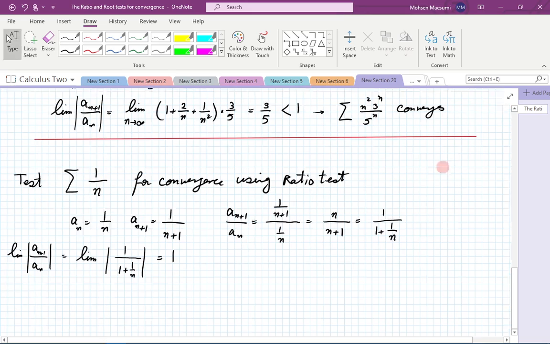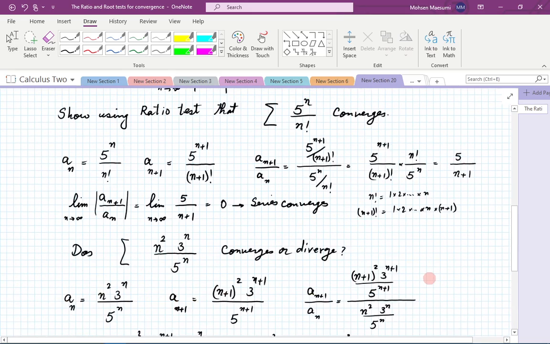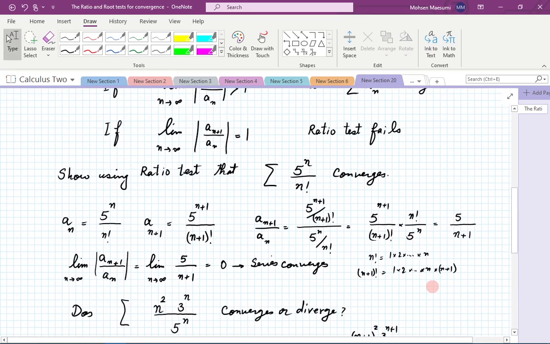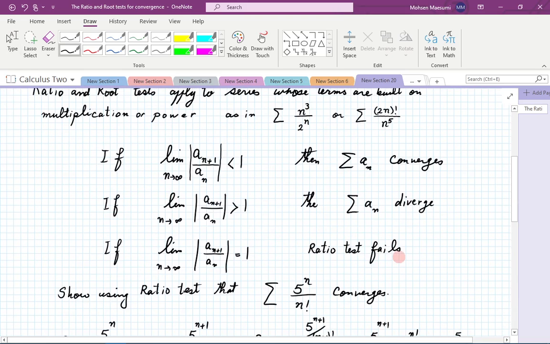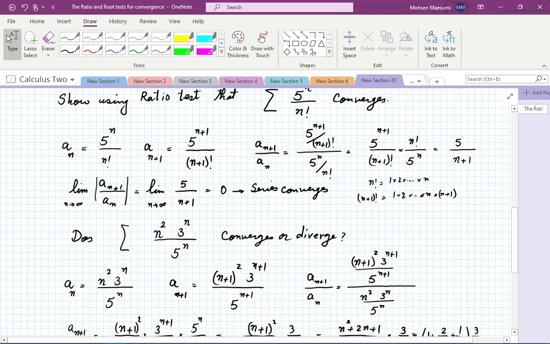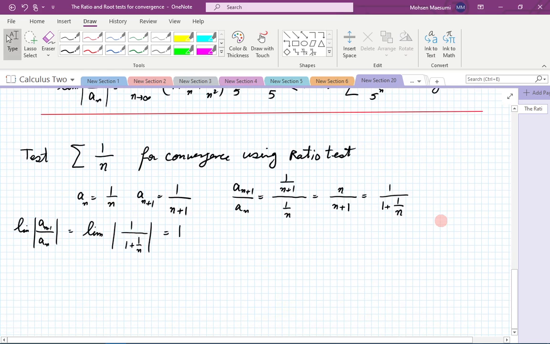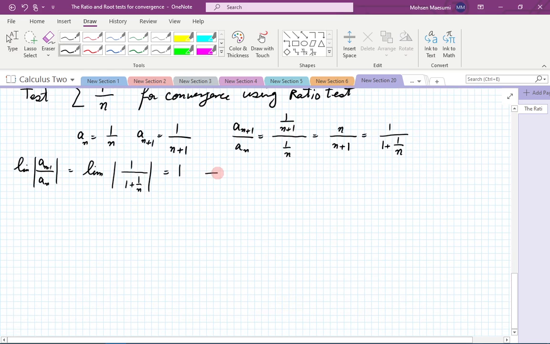And we said when the ratio becomes 1, the test fails. Fails means we cannot decide, is it this or is it that. This test doesn't tell us which it might be, so the conclusion is just that the test fails. We don't have anything to say about the original series.